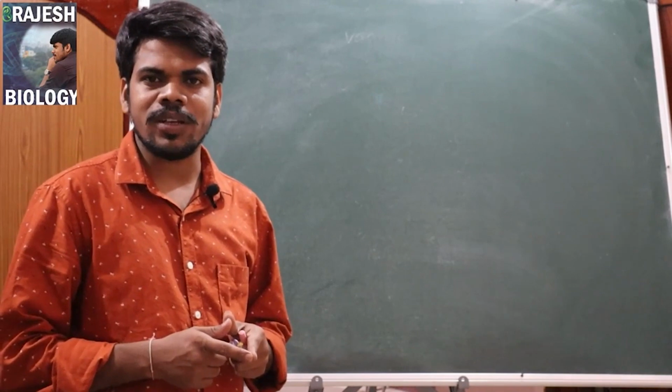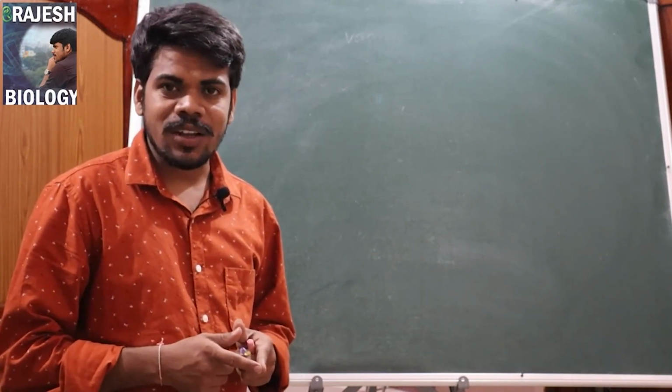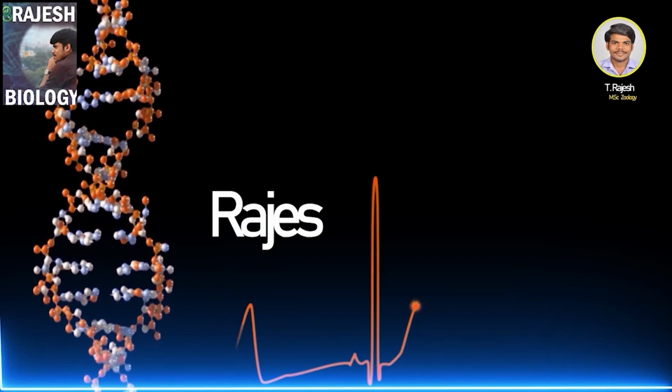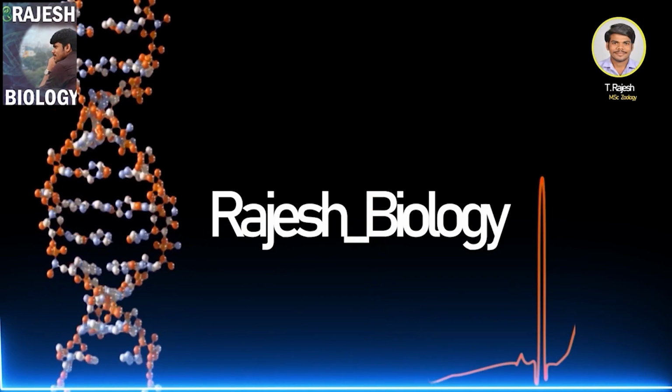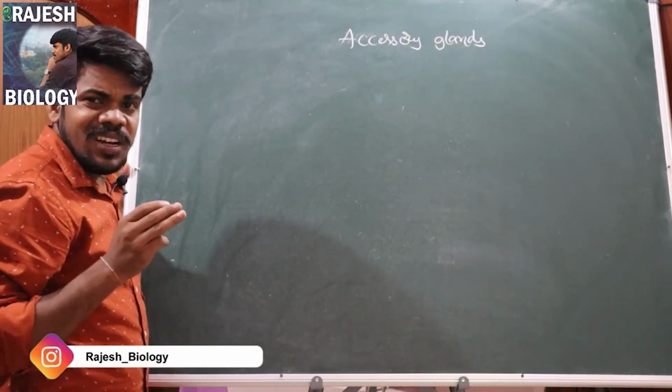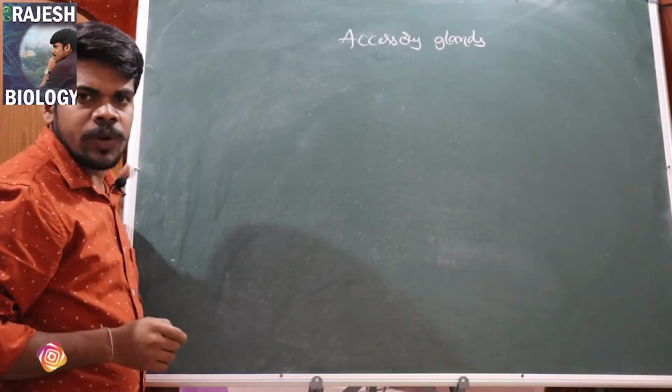Today our topic is accessory glands of the female reproductive system. There are three different glands in the female reproductive system.